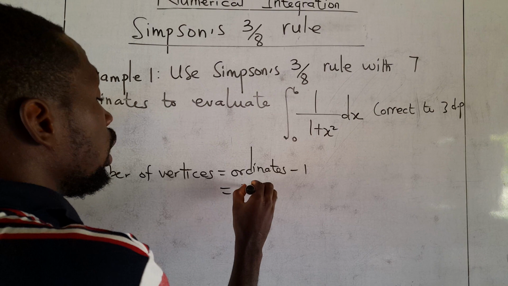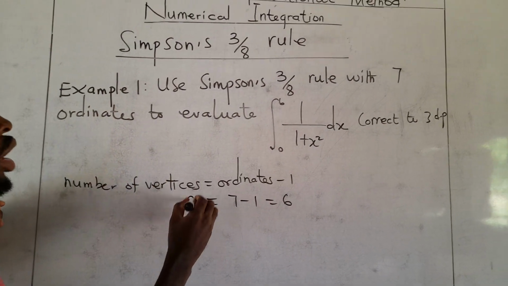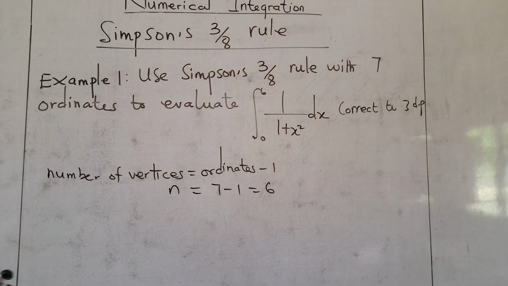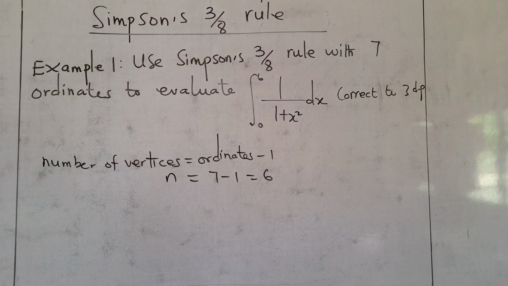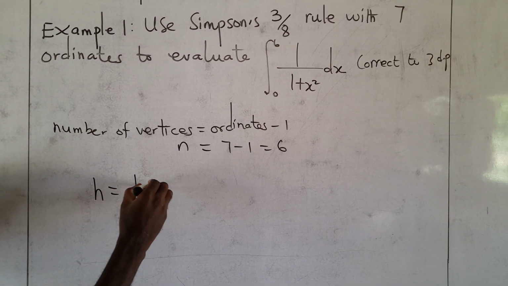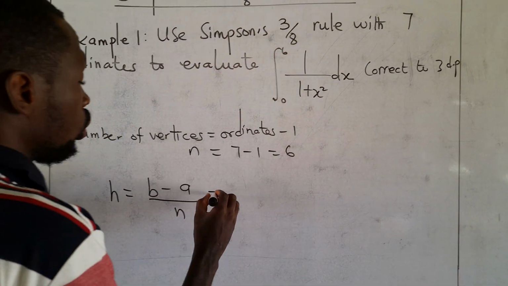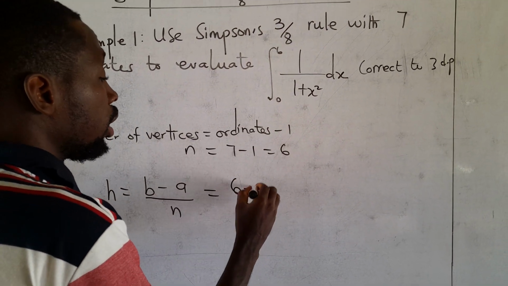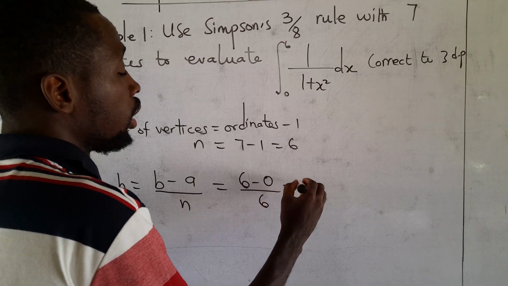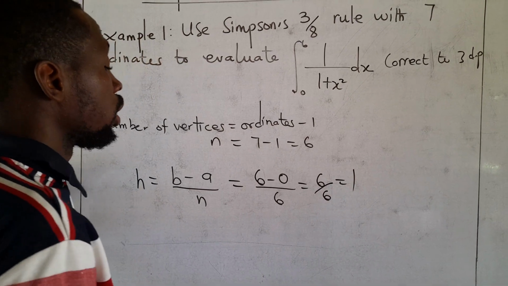So the number of ordinates here is 7 minus 1, which is 6. You can see that 6 is a multiple of 3, so we can use Simpson's 3/8 rule. Our h, the interval of difference, is b minus a all over the number of vertices. So 6 minus 0 over 6, which is 1. So the interval of difference is 1.